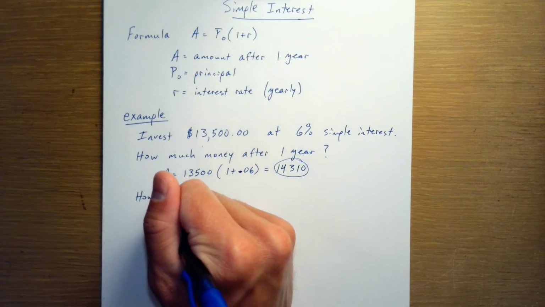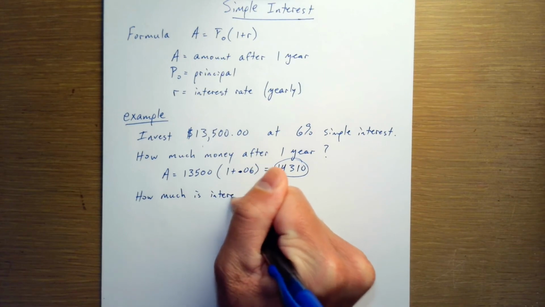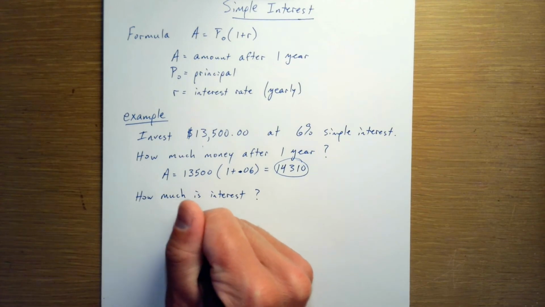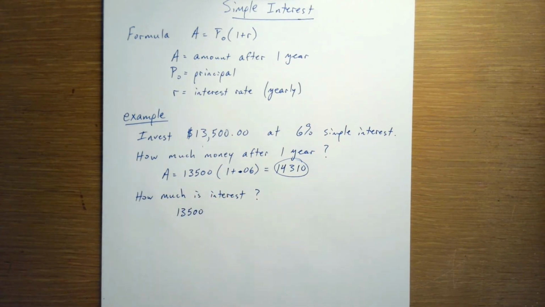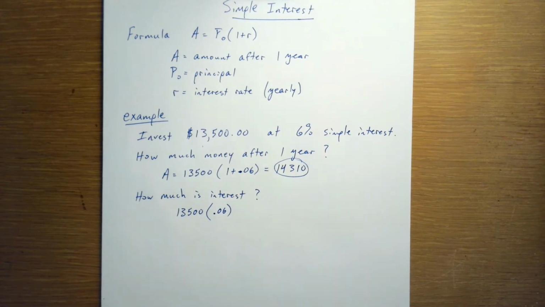So what if we want to know not just how much money we have after a year, but how much of this money is interest? How much is new money that was generated simply by having our principal left in the account? And the way we apply interest to principal is we take the principal and multiply it by the interest rate.